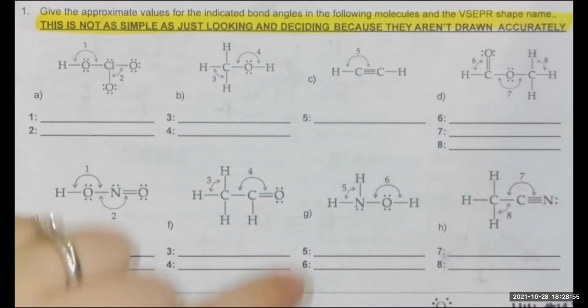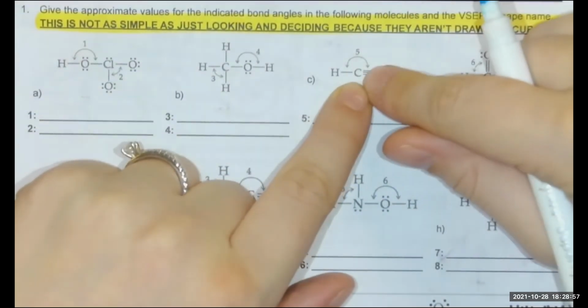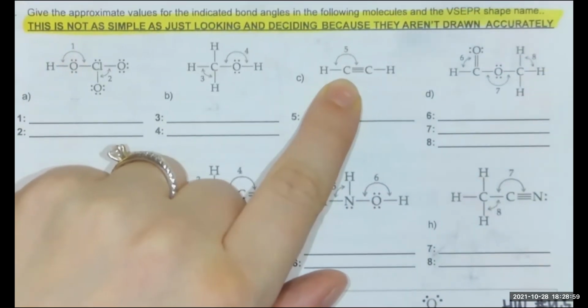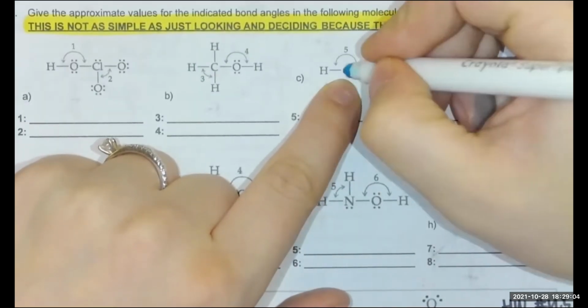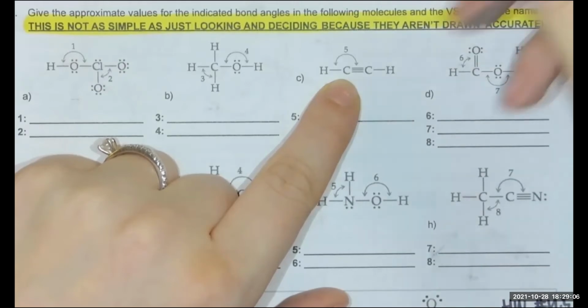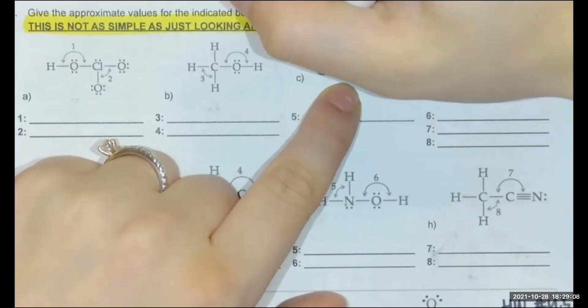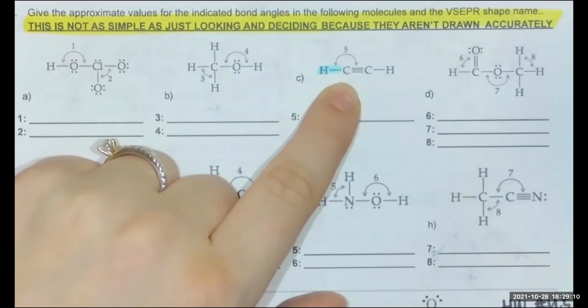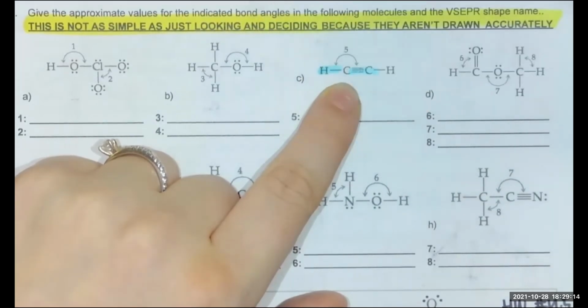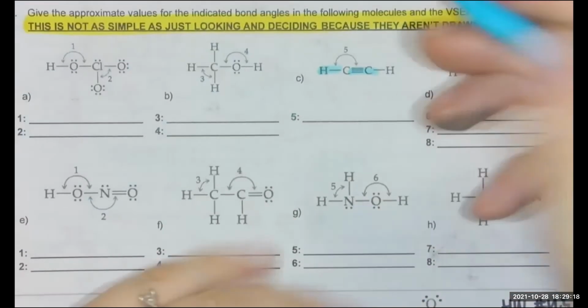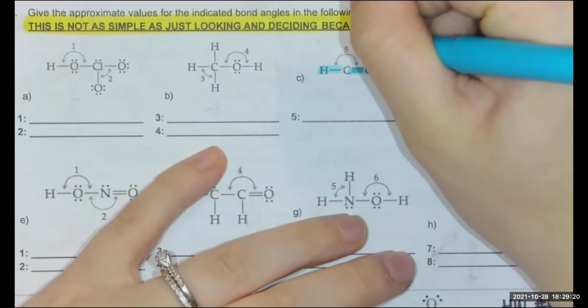For example, this carbon number 5 that it's asking about, you're going to ask yourself, how many things is this carbon connected to? Well, on the one side, it's connected to an H. On the other side, it's connected to a carbon. It is connected to 2 things.